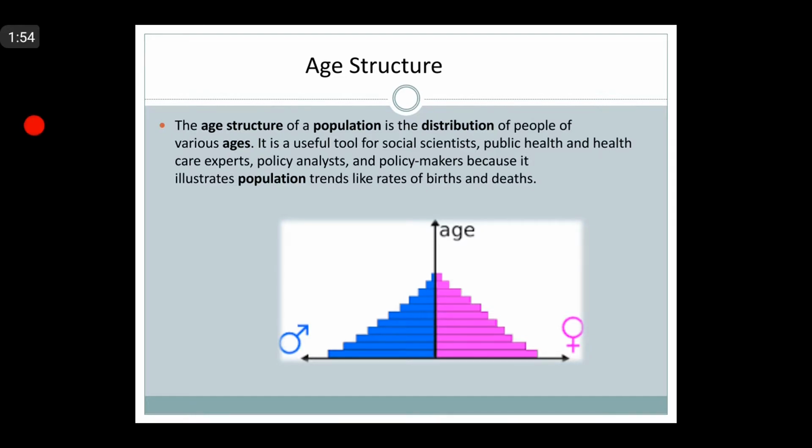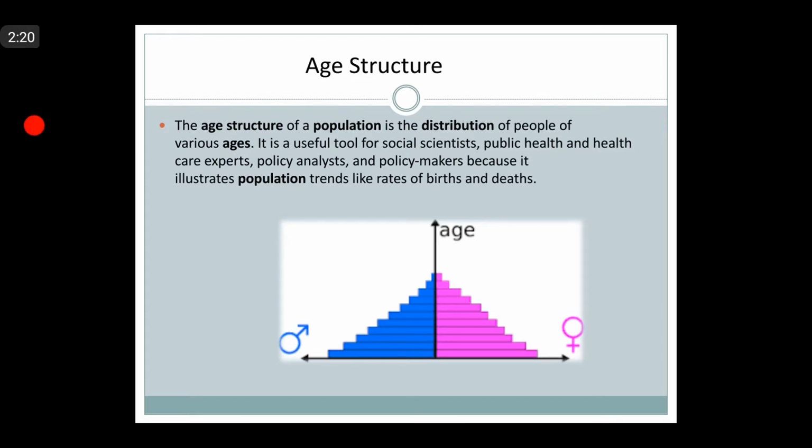What is age structure, or what do you mean by age structure? In fact, age structure represents the number of people of different age groups. It's an important indicator, as a large size of population in the age group of 15 to 59 indicates a large working population.